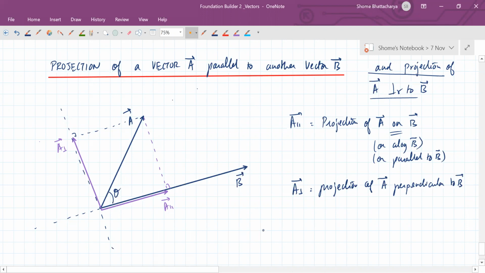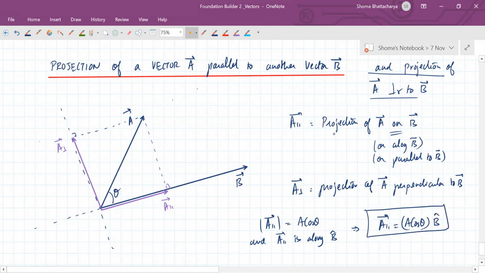So now last time we had already seen that the magnitude of this one is A cos theta, and its direction is along the unit vector B cap. So that is why we can write this vector as nothing but the magnitude into the direction in terms of unit vector.